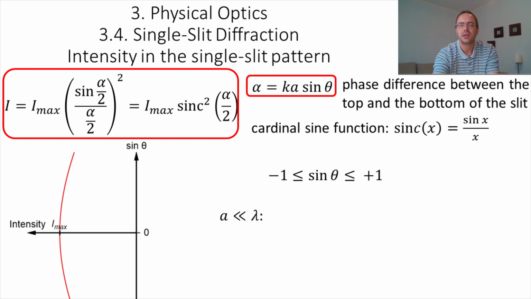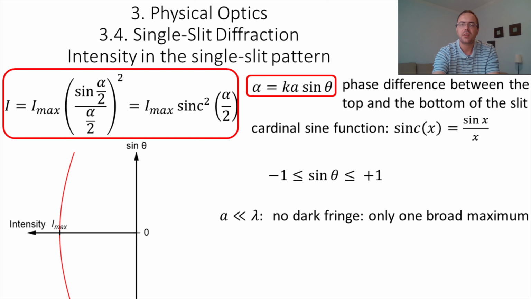So eventually, we don't even see any dark fringes, right? Everything is part of the central maximum. If a is smaller than lambda, then there is no dark fringe, only one broad maximum. So if the width is very small, it's like the slit is a new point source that emits light in all the directions.